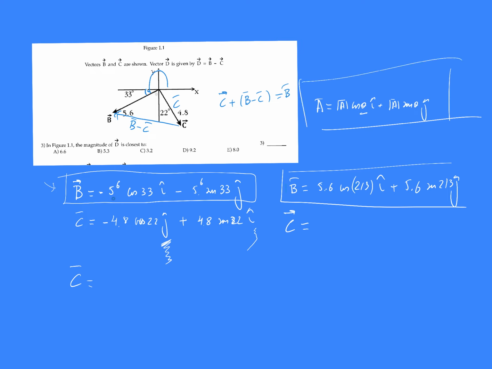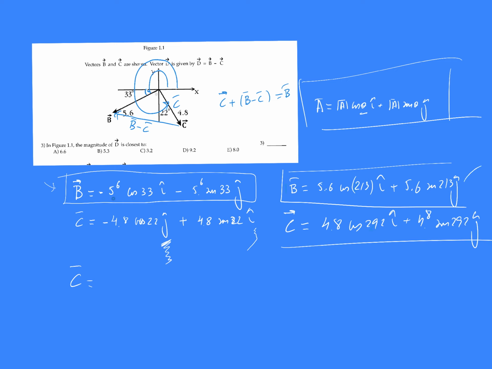The vector c is 4.8 cosine of how much? This angle. This angle is 270 plus 22, 292, in the i direction plus 4.8 sine of 292 in the j direction.